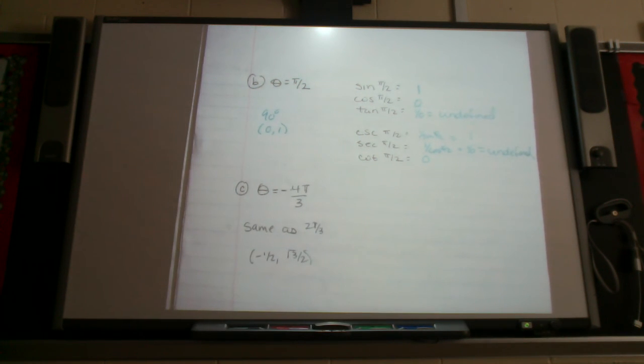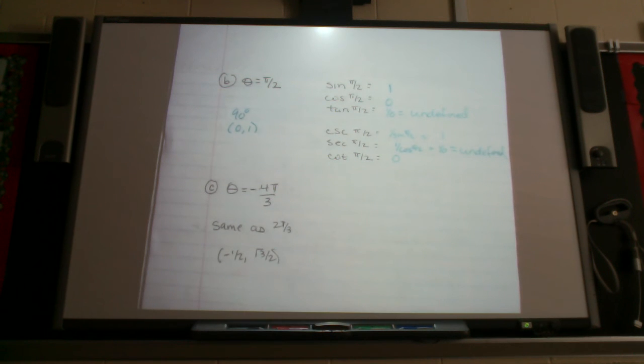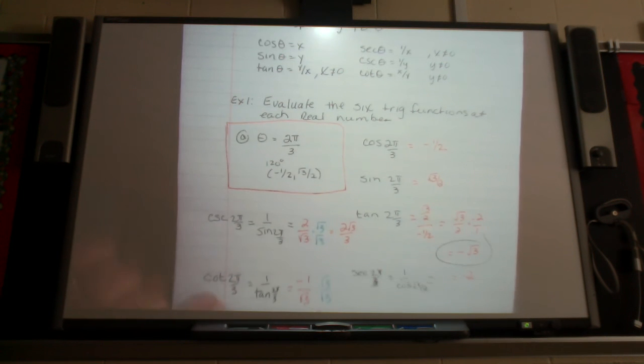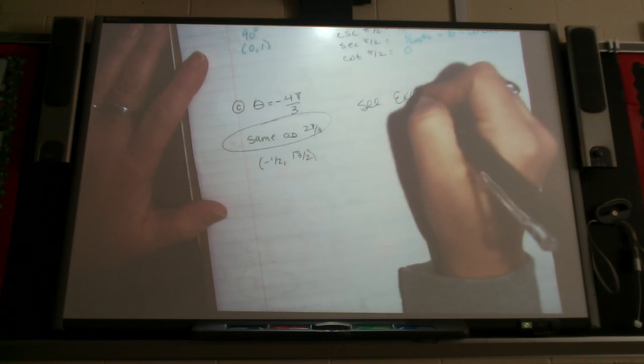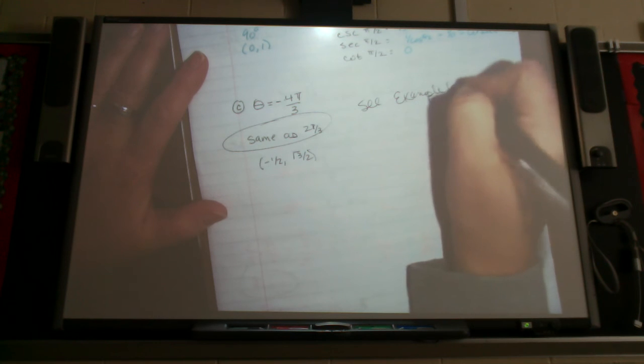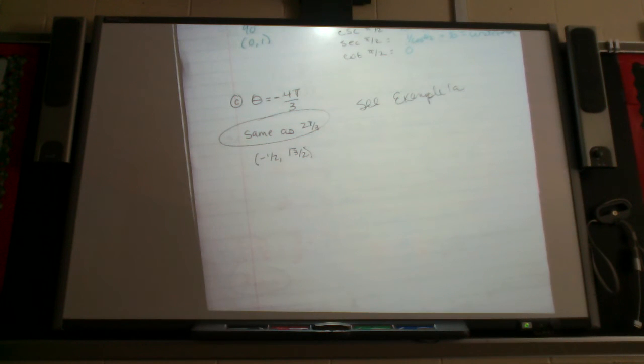And didn't we just do that one? Example A. We just did that, so the answers correspond with example A. Okay. Questions there? I'm using the unit circle.